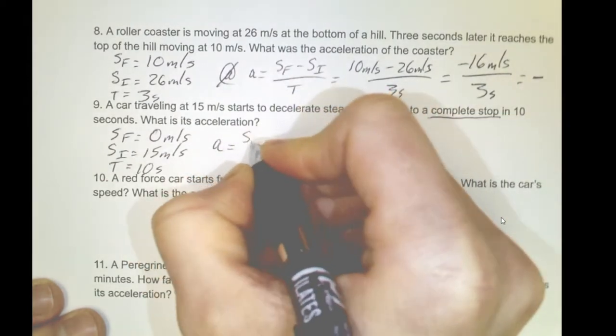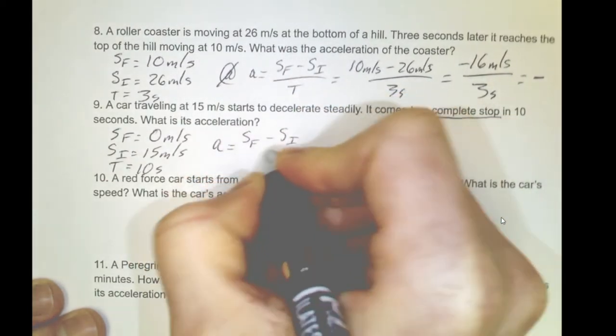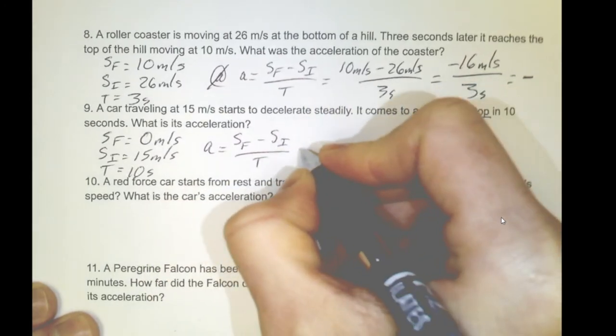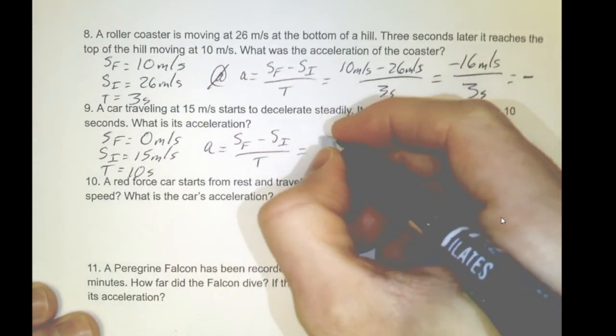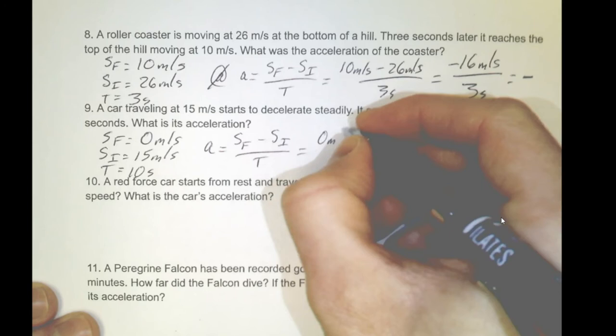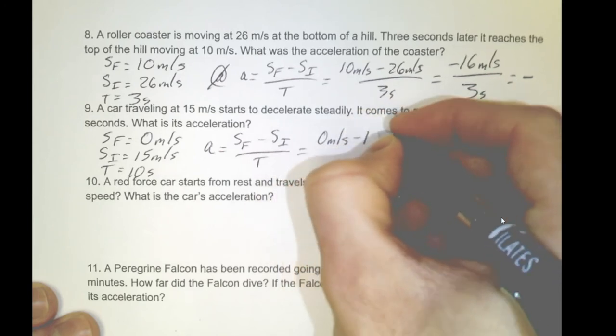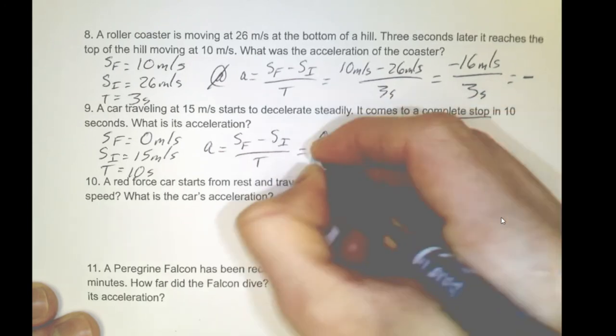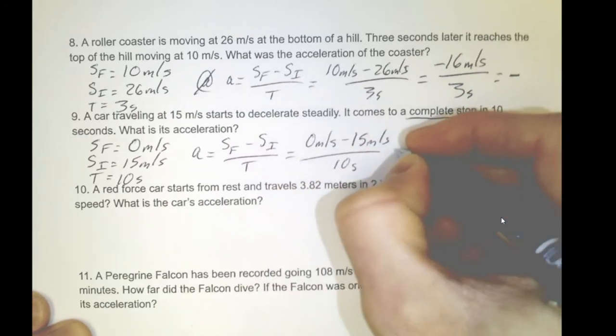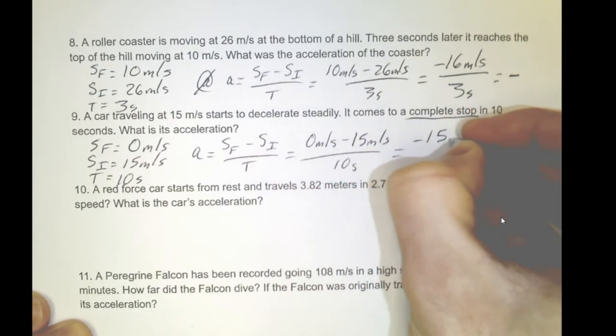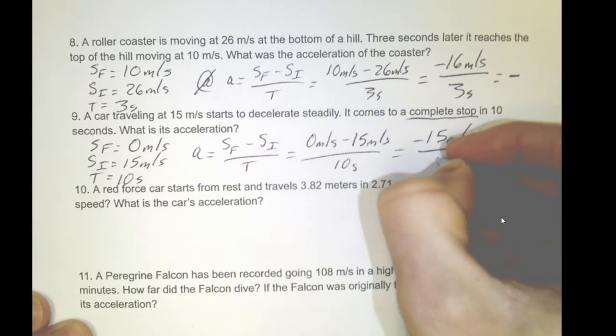So then we just put our numbers in. And we've got 0 minus 15 meters per second over 10. And just remember your answer, since it's getting slower, will be negative.